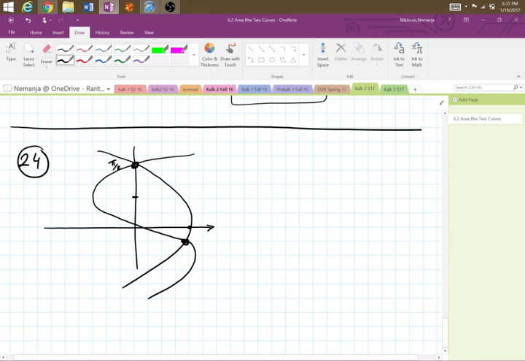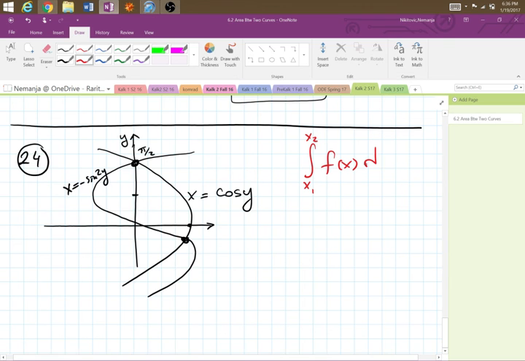We already discussed, oh, maybe I should discuss one more thing. Okay, let me just write this. Sine 2y. Just so we don't run into issues later, I'm going to write integral x1 to x2 of f of x dx.